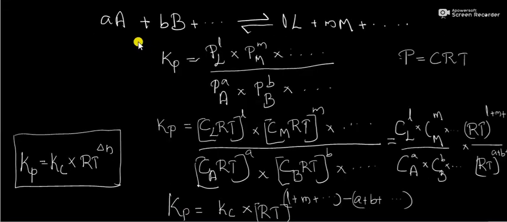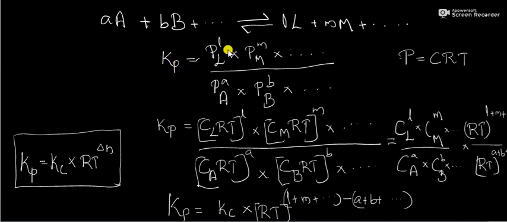Consider the general reversible gaseous reaction, that is aA plus bB plus etc. gives lL plus mM plus etc. What is the expression for Kp?